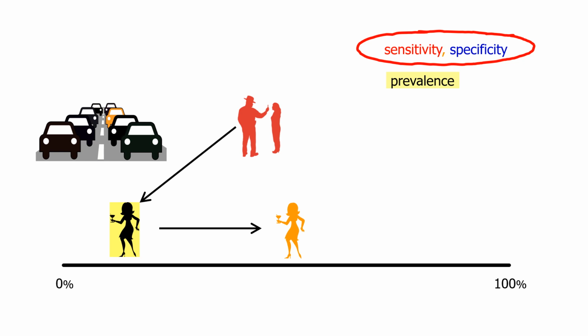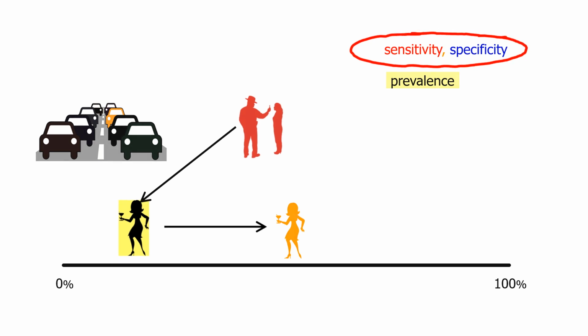I need a number describing the circumstances in which the test was given. There are several names for this. In this video, the number will always be yellow. For now, all I want you to know is that the diagnostic performance of a diagnostic test is described with two numbers, and calculating the percent chance a test result is correct needs one more number for a total of 3. Accuracy is hard.